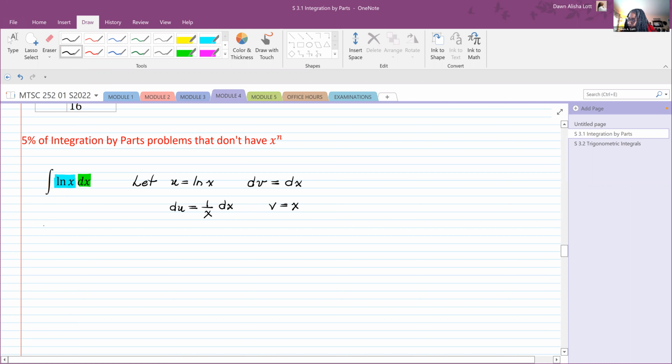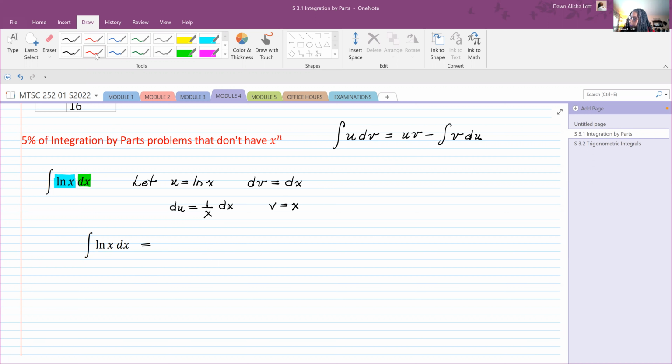All right, so therefore, when we go to solve the problem, we get the integral of the log of x is equal to, so let's remind ourselves, the integral of u dv is equal to u times v minus the integral of v du. So let's do that. So this is u, and this is dv.